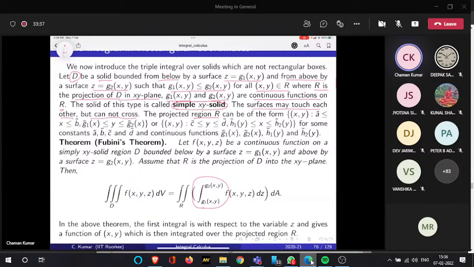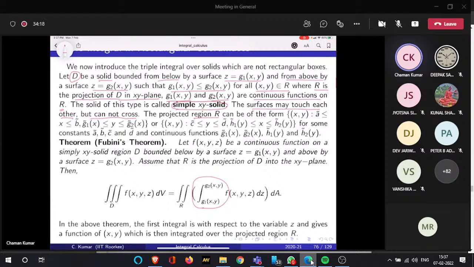Because now when you project D in R2, then basically you have a region in the xy plane, and whatever types of Fubini theorem you have learned in the double integral, those forms can also be incorporated here.